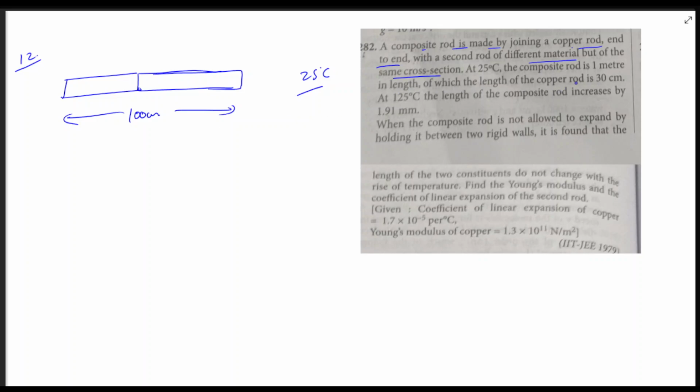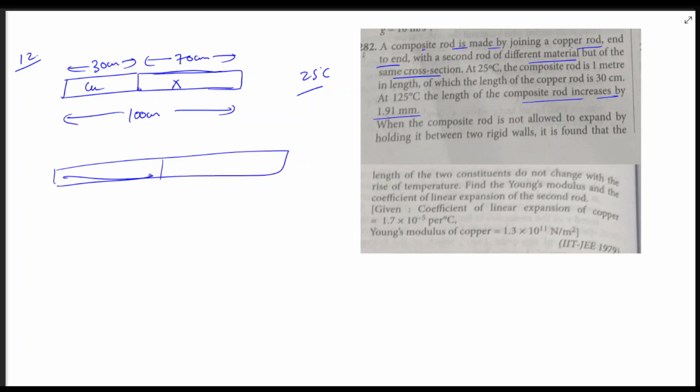in which copper is 30. So this is suppose copper, this is some metal X, we don't know. This is 30 centimeter, so that this will be 70 centimeter. At 125, the composite rod increases by 1.91. So what will happen? It will increase, right?